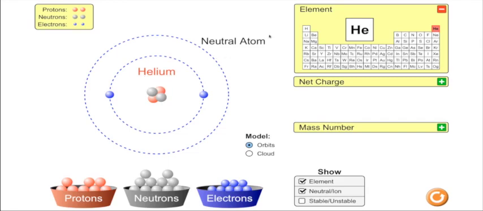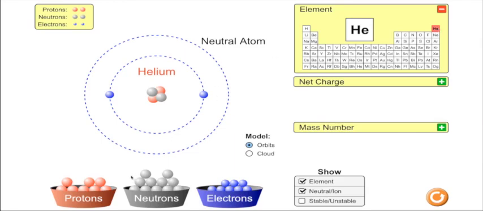So if we look at the periodic table, where is helium? Here is helium. Since helium is a noble gas, it will be found here in the group of the noble gases, which is group 8.